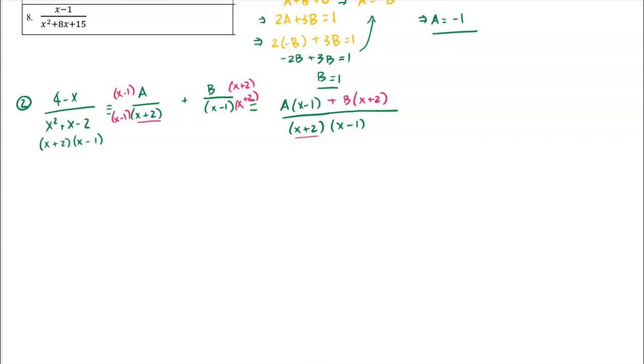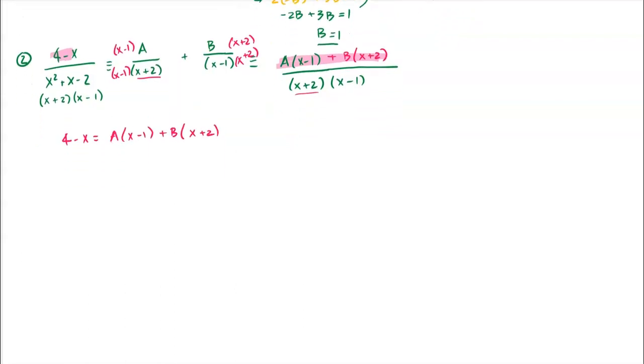Now I'm going to take the numerators and set them equal to each other: 4 minus x equals A times (x minus 1) plus B times (x plus 2). Let's distribute: Ax minus A plus Bx plus 2B.